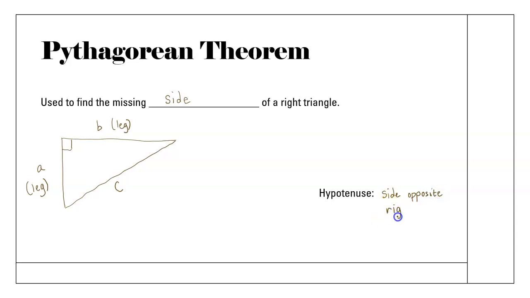If I find my right angle and then look to the side it's looking at, that would be the hypotenuse. The hypotenuse is also the longest side of the triangle. And we always want to call the hypotenuse C. I don't care which one you call A and B, but C, which is the hypotenuse, has to be called C.